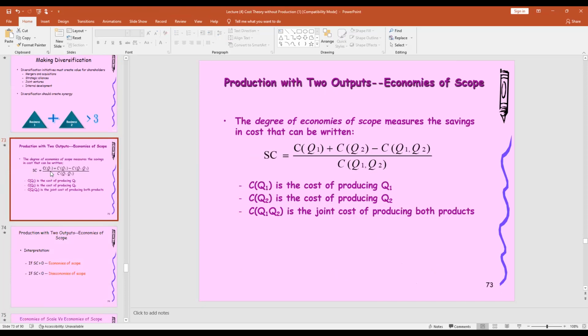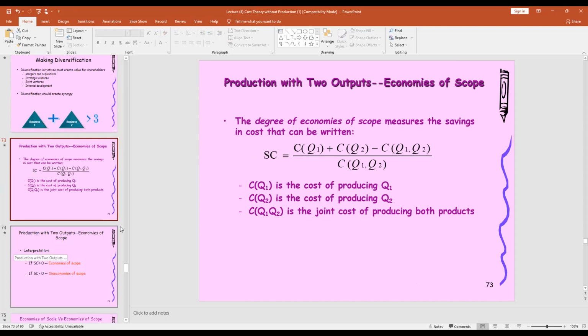How are we going to calculate the economies of scope? This is the equation we derived from economics. C(Q1) is the cost of producing Q1, C(Q2) is the cost of producing Q2, and the joint cost of producing both products is calculated like this. This equation can be used for your final examination if I ask for the calculation of economies of scope.